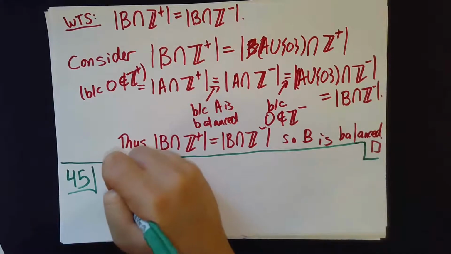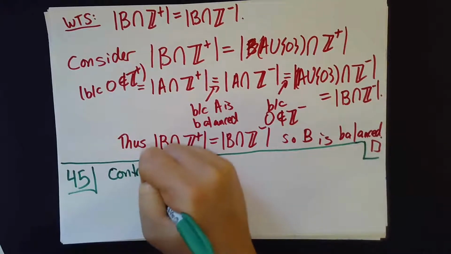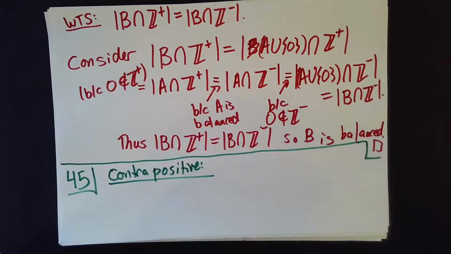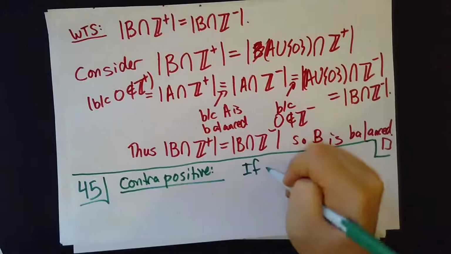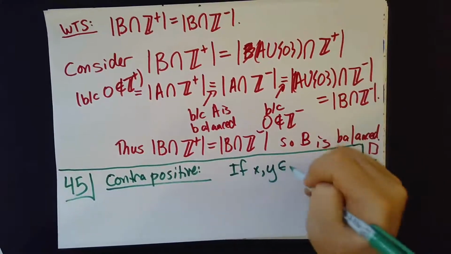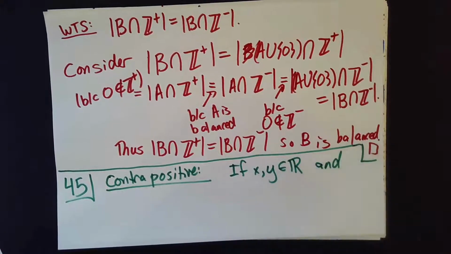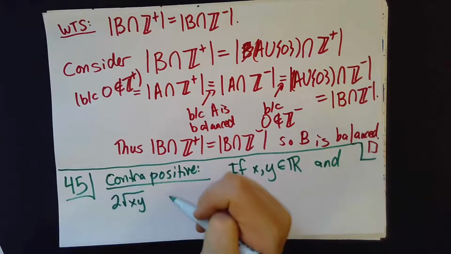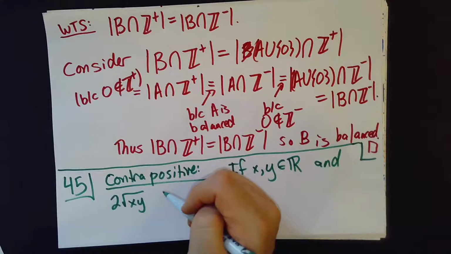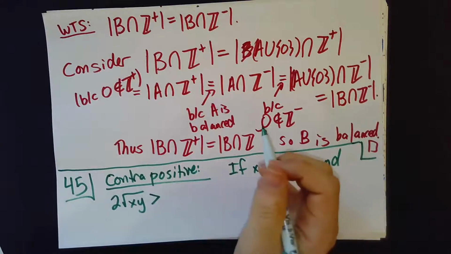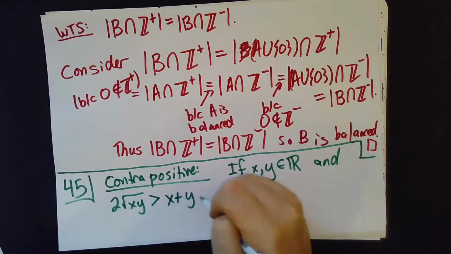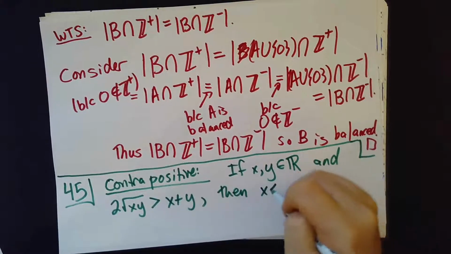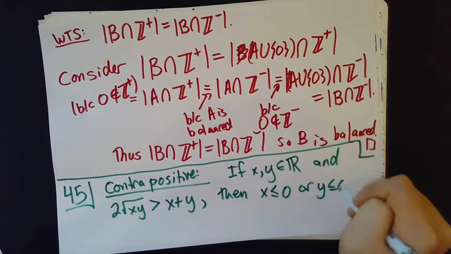So the contrapositive here is: if x and y are real numbers and 2 root xy is greater than x plus y, then x is less than or equal to 0, or y is less than or equal to 0.